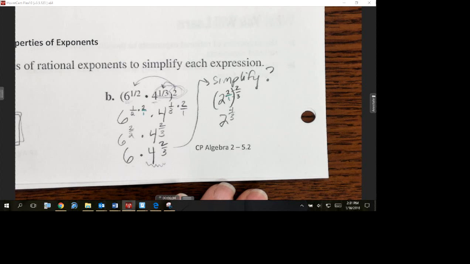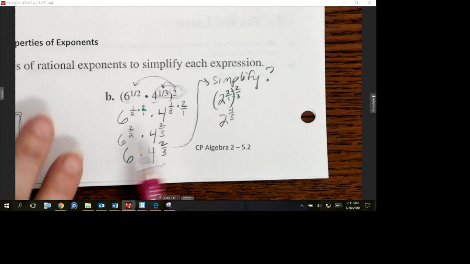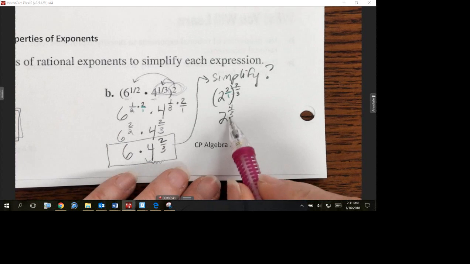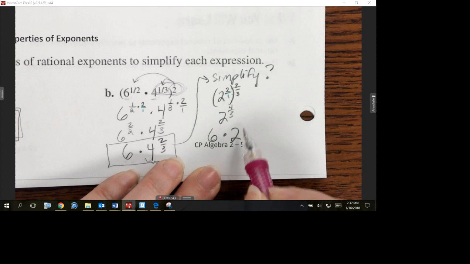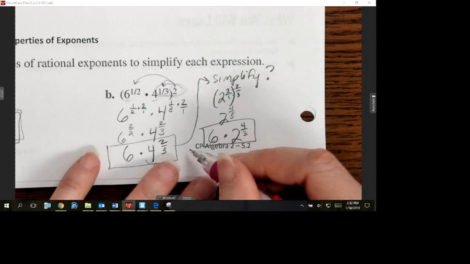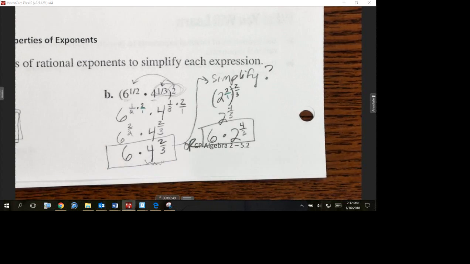I just want to show you that just in case it did. So I could either have my answer as 6 times 4 to the 2/3, or I could rewrite it as 6 times 2 to the 4/3 if I use that simplify. But either way, either answer is not more simplified than the other. Almost done. Question?